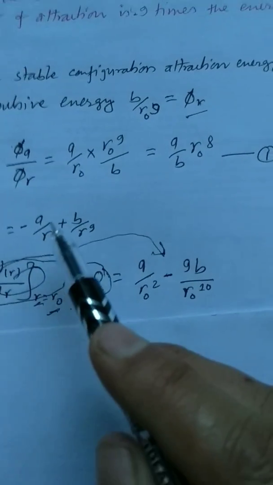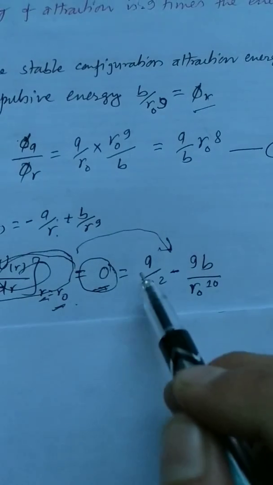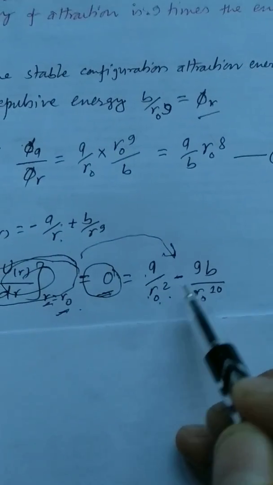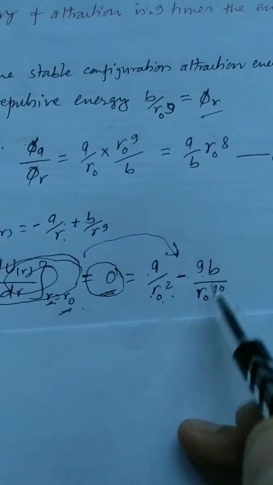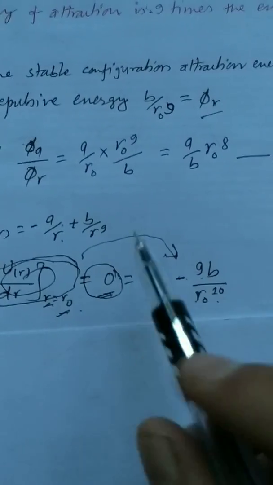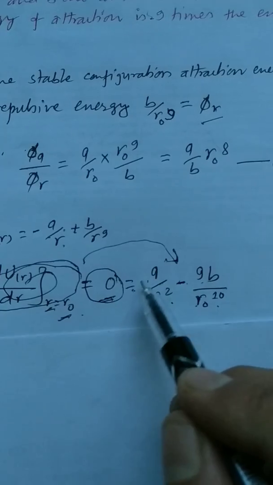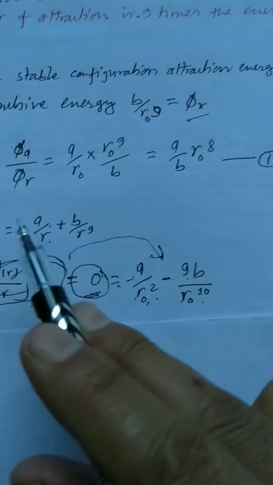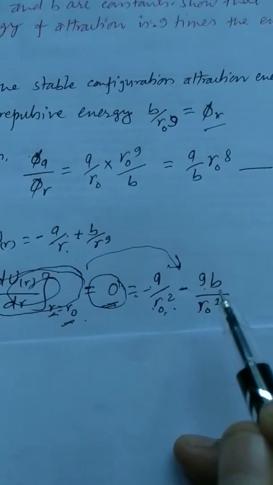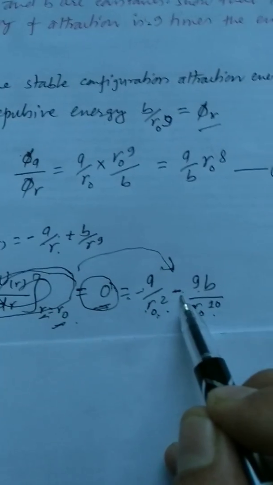Now its differential form is A by R to the power 2, and its differential form is 9B by R to the power 10. So just a sign change there because we take the differential form, and its negative 1 comes here, and negative becomes positive, and its negative part goes here and it becomes positive.